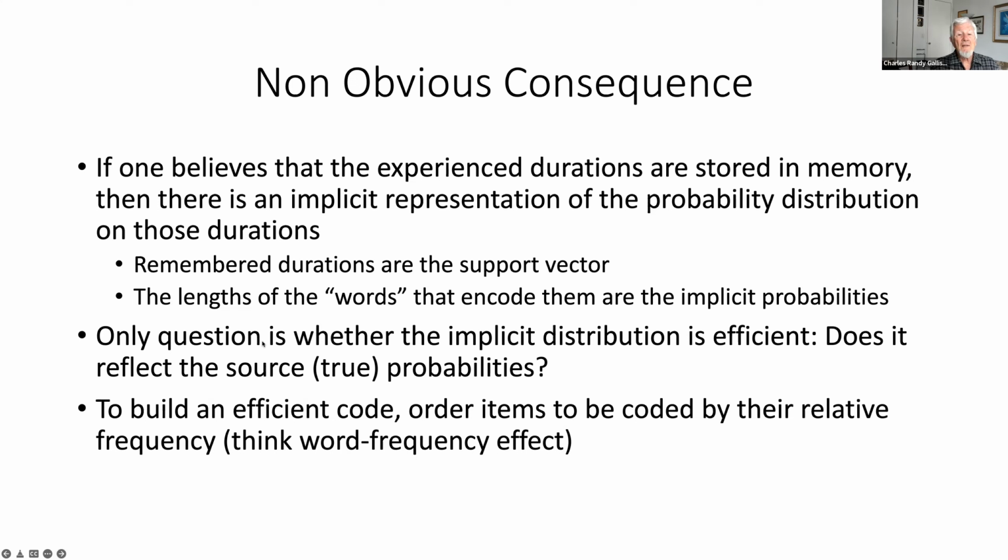This insight is the basis of a huge research program in computational vision. Whole labs are devoted to determining what the source probabilities in images are. And there's reason to think that the same thing goes on in the brain.